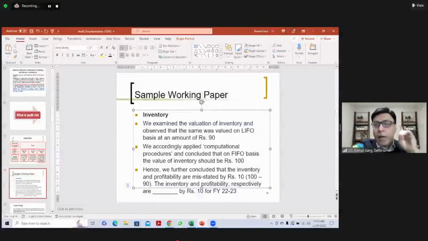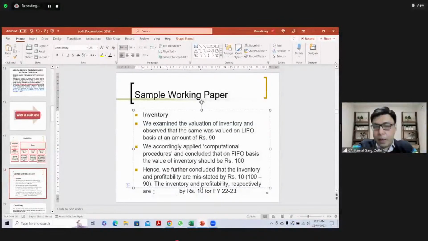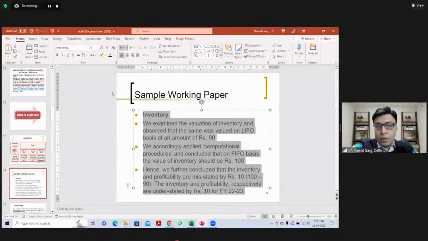Yes. So inventory was required to be rupees 100, but it is rupees 90. That means rupees 10 is the downfall. Am I clear? So that means profitability is understated. Inventory is also understated. Inventory and profitability respectively are, what I will be writing, understated. Just give me a moment.